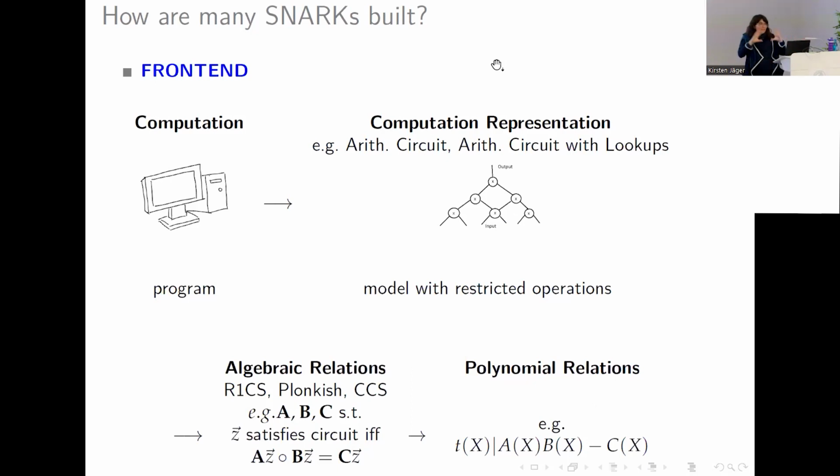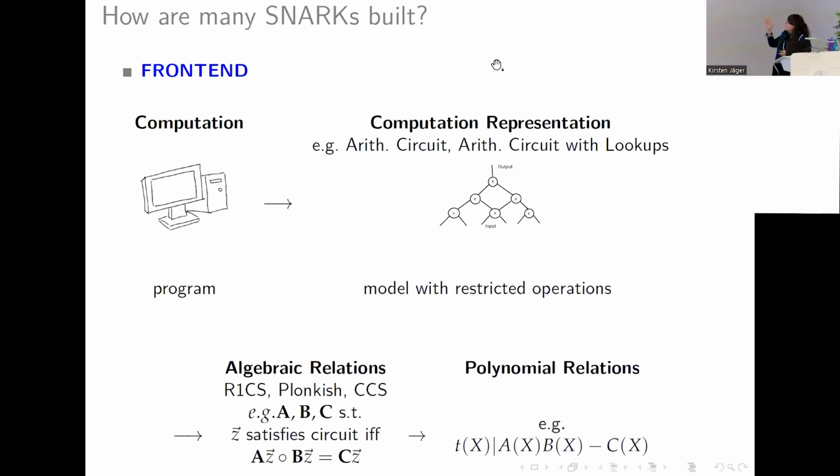So you write it in a specific representation, which means you have a specific set of instructions, a set of rules that you accept. It can be arithmetic circuits, that's the most common thing.